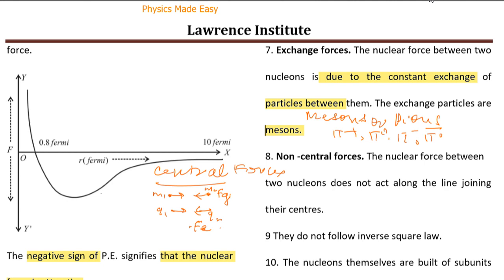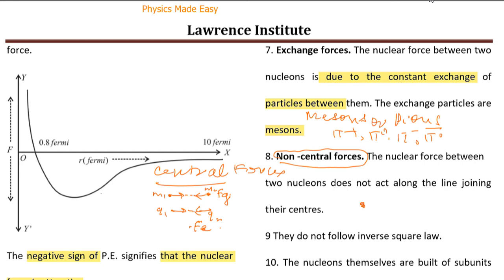Why? Because the force between them acts along the line joining the centers of the two bodies. But nuclear forces are non-central. They don't act along the line joining the two nucleons.